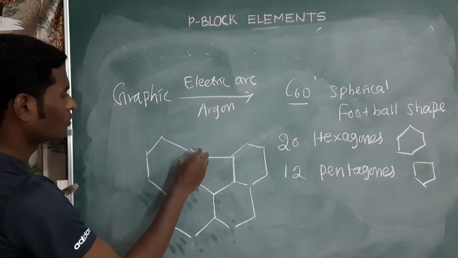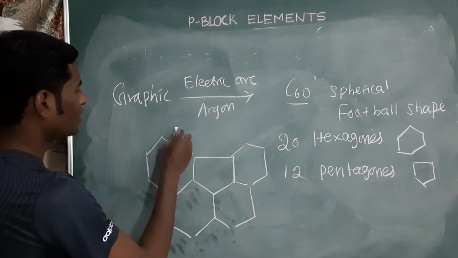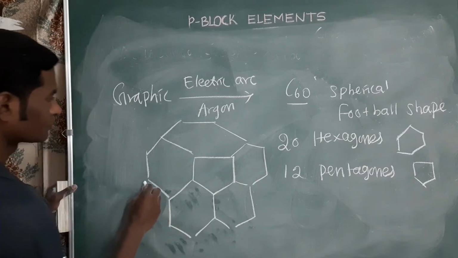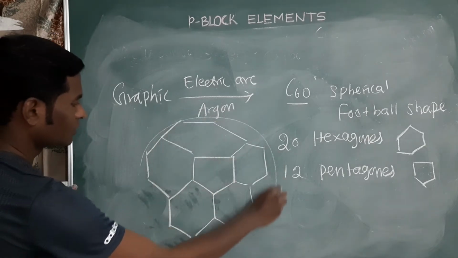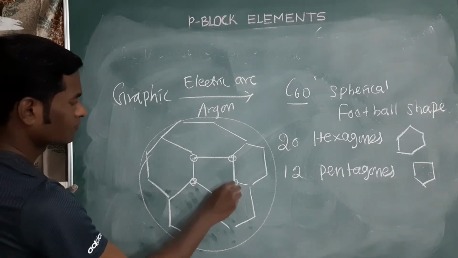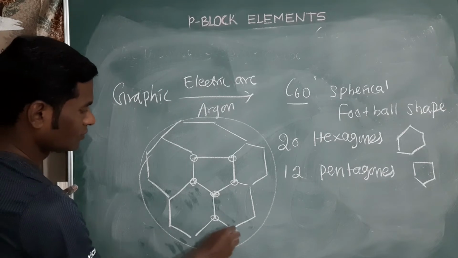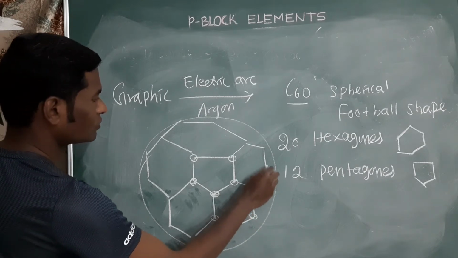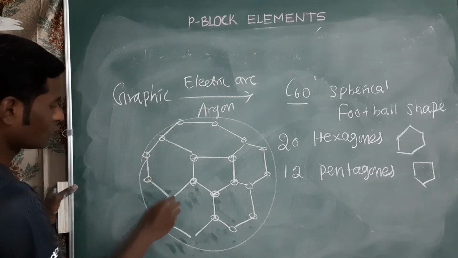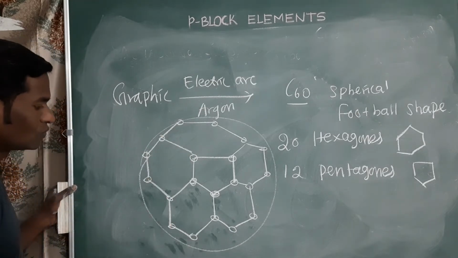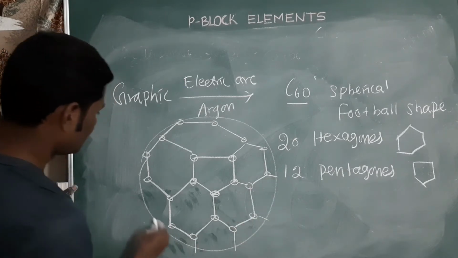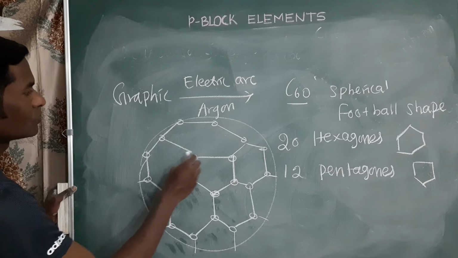Fullerene contains both single bonds and double bonds. It is spherical in shape. A pentagon can be fused only with a hexagon, but a hexagon can be joined with another pentagon and hexagon also.